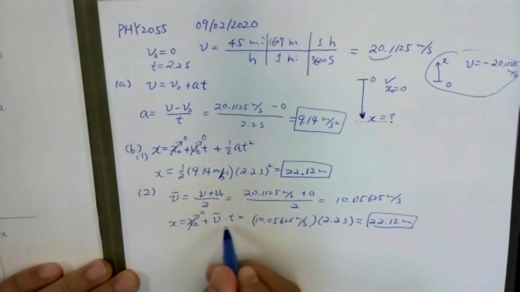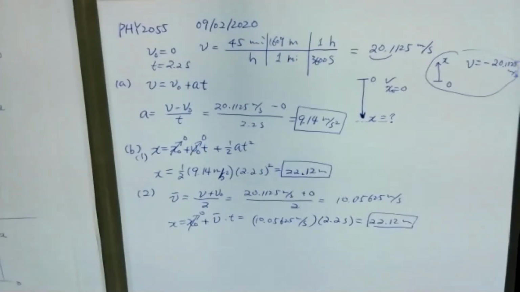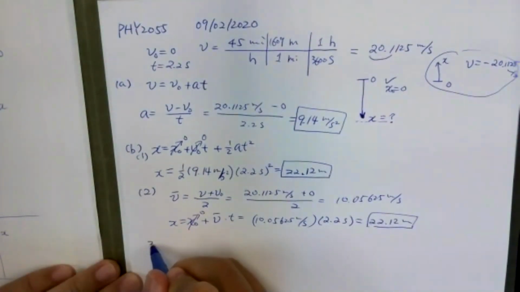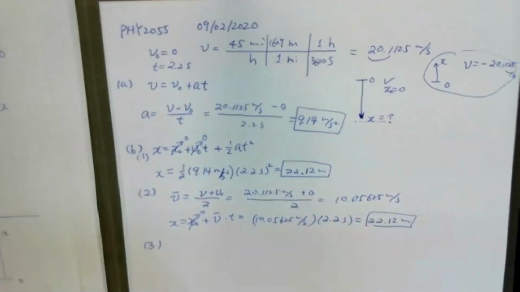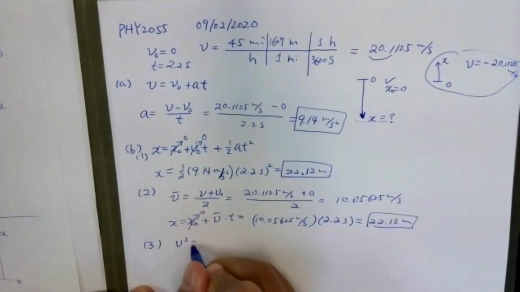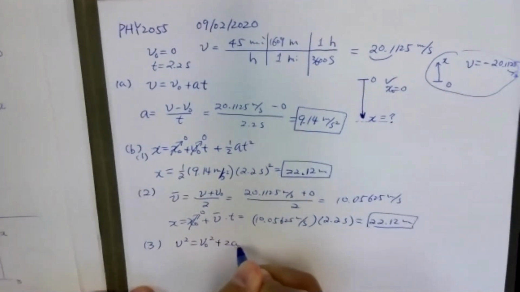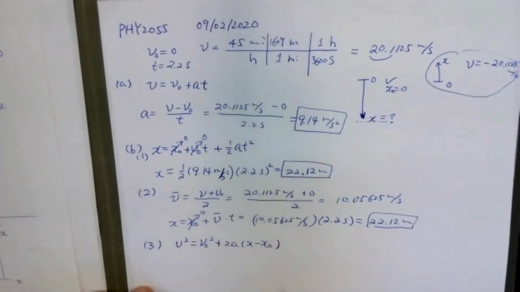Or might be using this equation, but keep in mind that you want to take the average velocity here, not the final. Now, there's indeed another way of solving for this. Use the last equation, v squared equals v0 squared plus 2a times x minus x naught. Again, v0 is 0, so this term goes away.